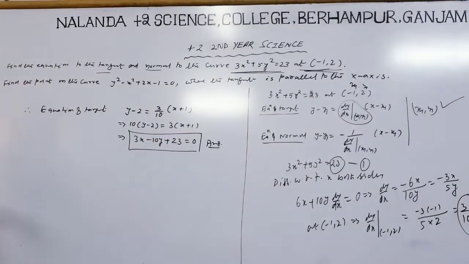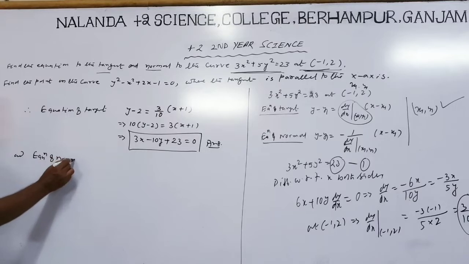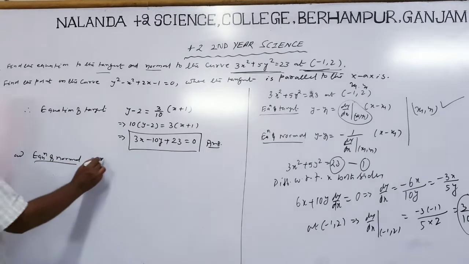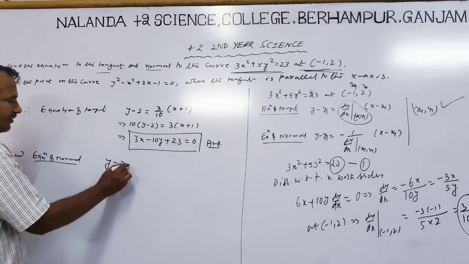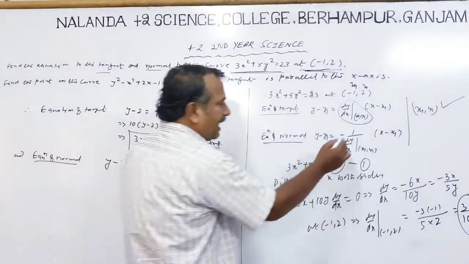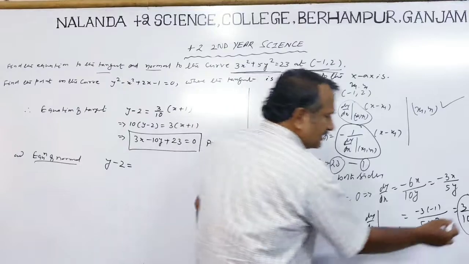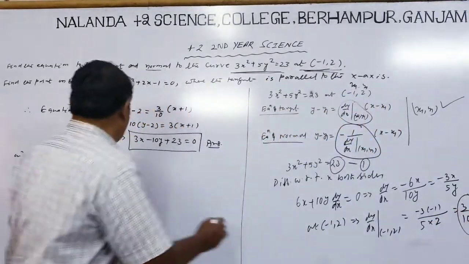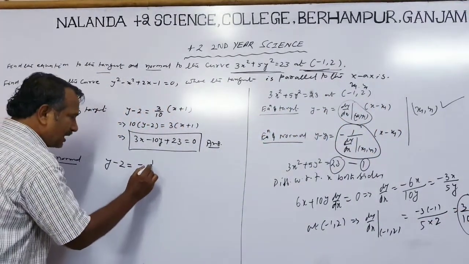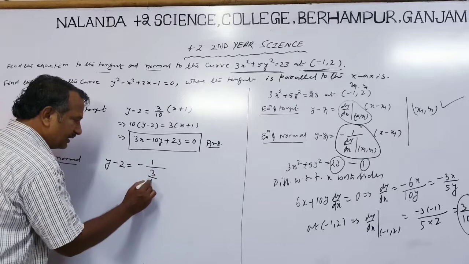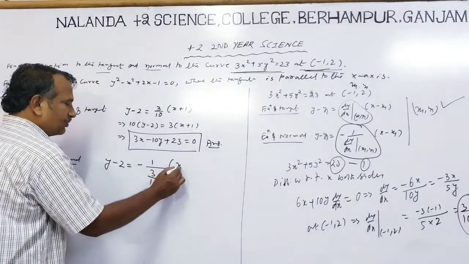Next, the second one is the equation of normal. Equation of normal: y minus y1 equal to minus 1 by dy by dx into x minus x1, so minus 1 by dy by dx into x plus 1.